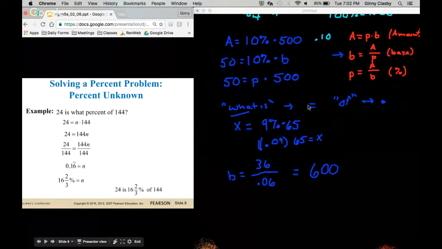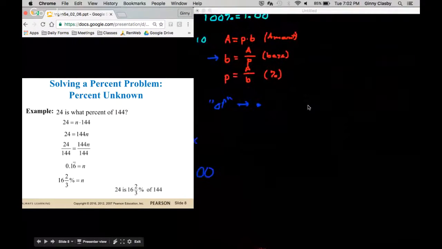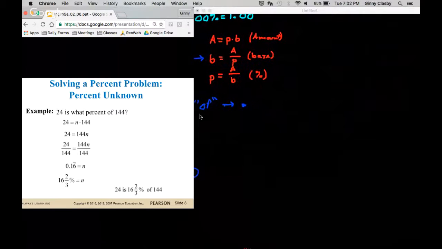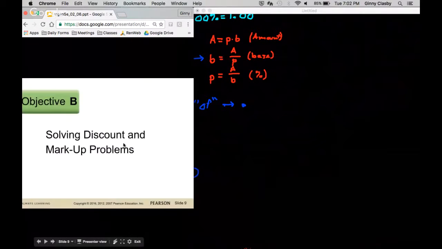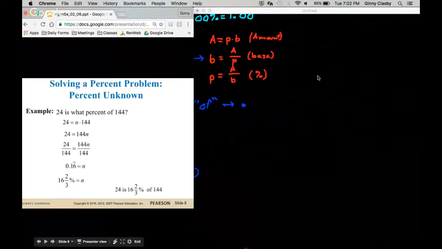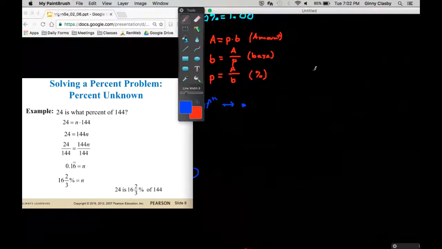Okay, so come back over here. 24 is what percent? So your original equation would be 24 is what percent of 144. So you're looking for percent.